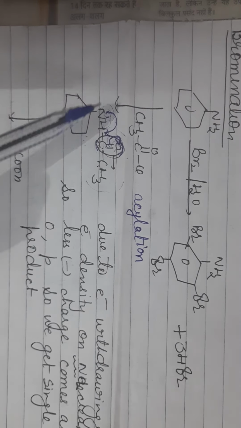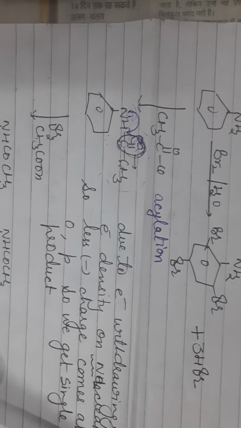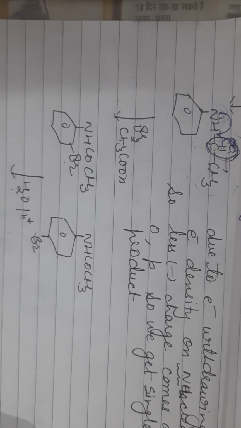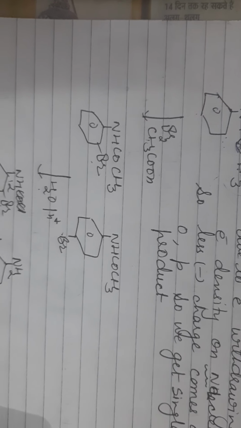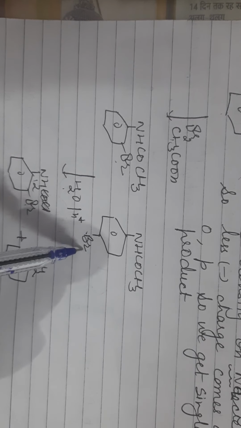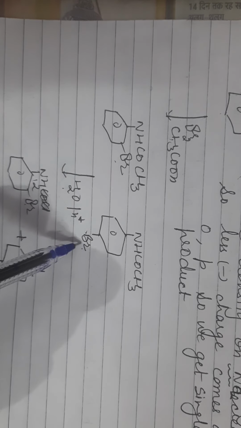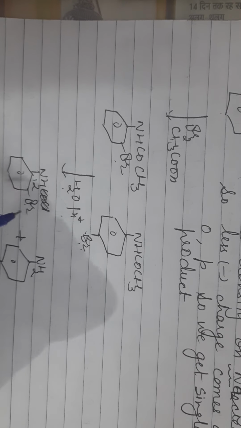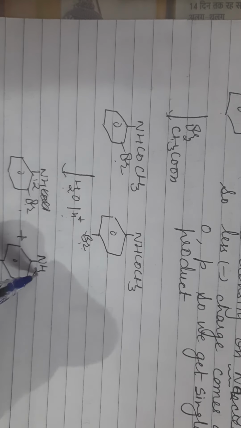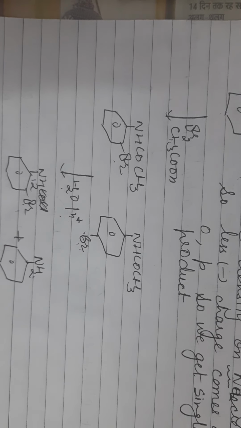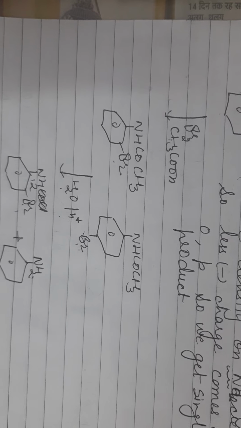So electron density on nitrogen gets decreased and less negative charge comes at ortho and para position. So we get a single bromo product, that may be ortho and that may be para, and on hydrolysis it gives orthobromoaniline and parabromoaniline. So this is the product which you obtain after bromination of aniline.